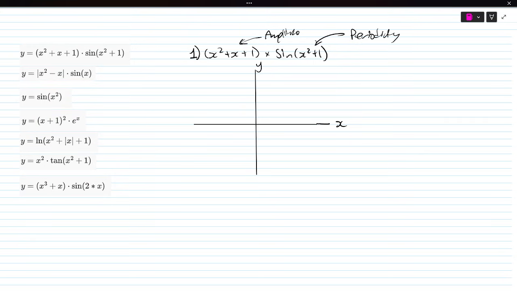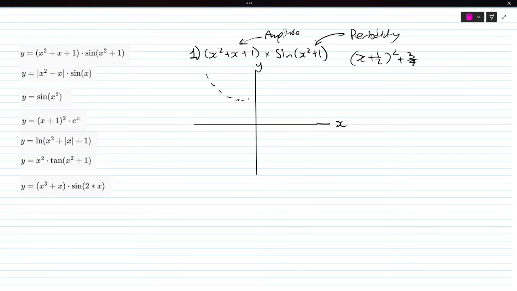I will start by sketching x squared plus x plus 1. If I complete the square, it's going to be this. My turning point will be roughly here.